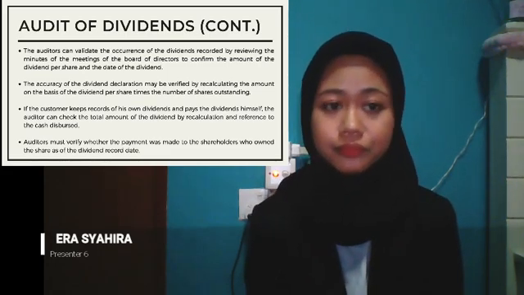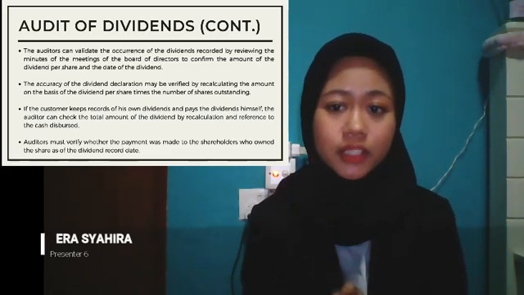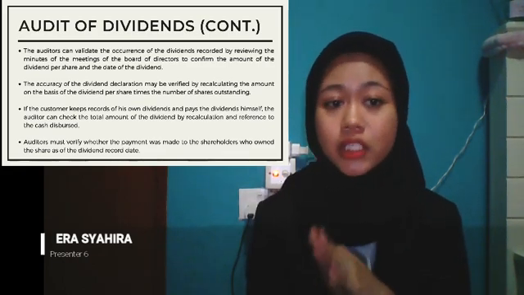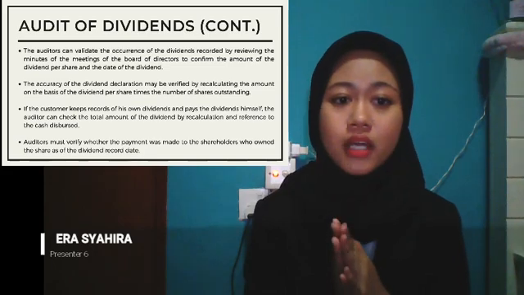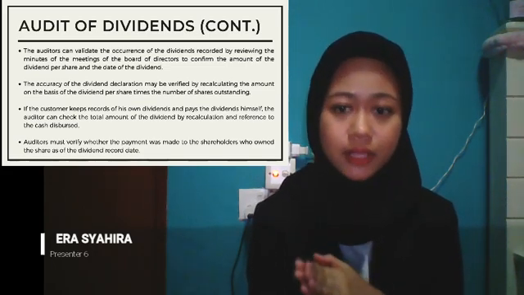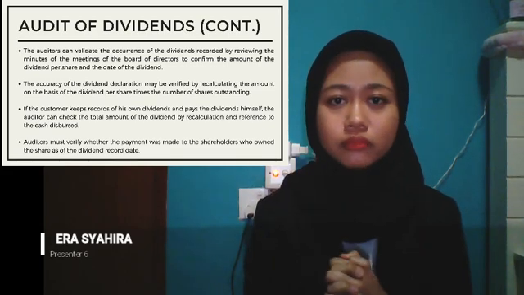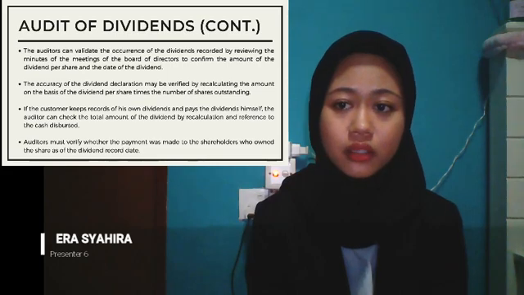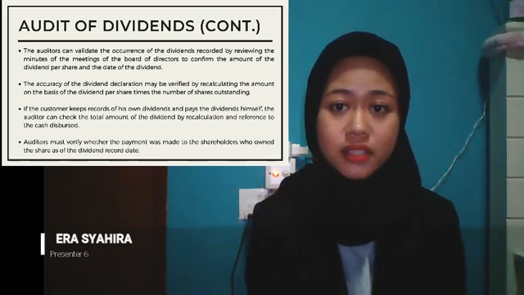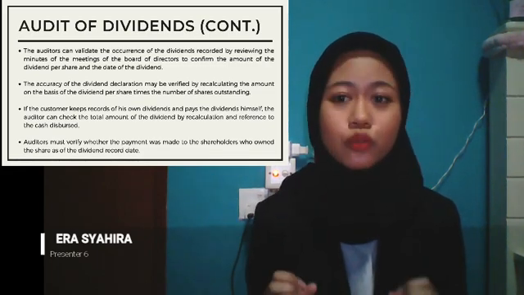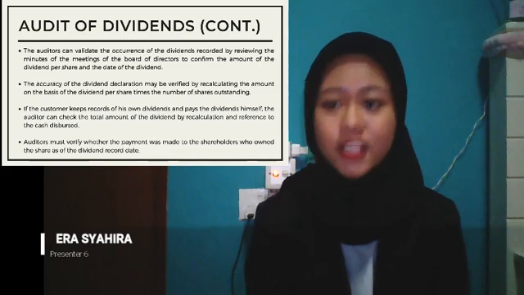Next, the accuracy of the dividend declaration may be verified by recalculating the amount on the basis of the dividend per share times the number of shares outstanding. For example, if your client uses an outside agent to process the cash dividend, use a confirmation to verify the dividend transaction.